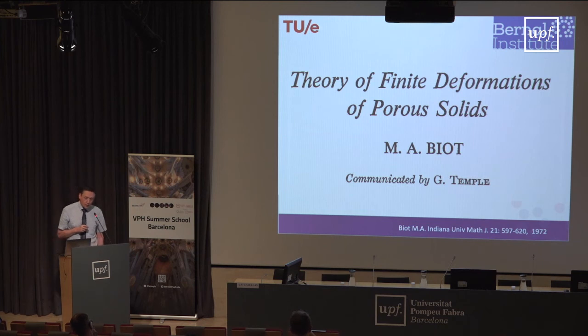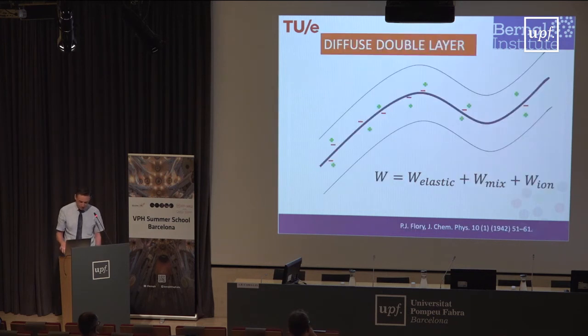So what we use, practically speaking, in order to study these gels and the intervertebral disc is the theory of finite deformation of porous solids. It's actually a very old theory, because it dates back to 1972. On top of that, we use the insights from Flory, also a Nobel Prize winner, on swelling, who argued that you need three free energies.